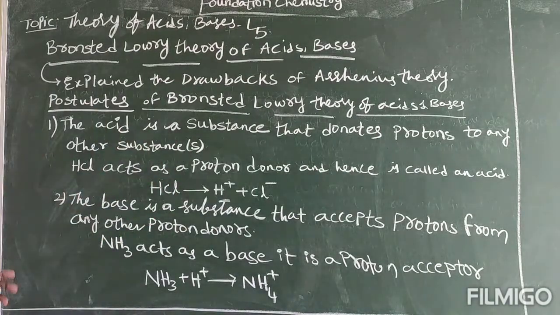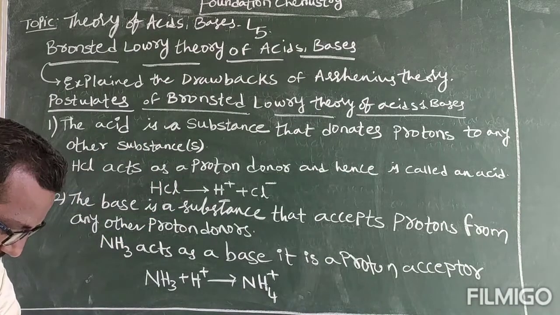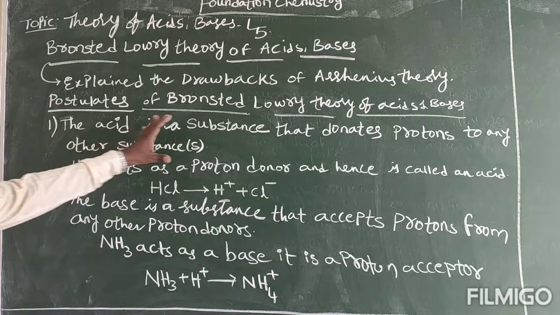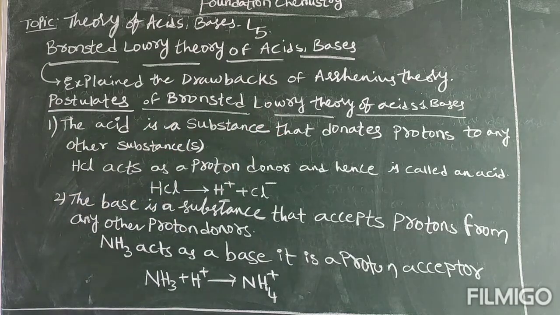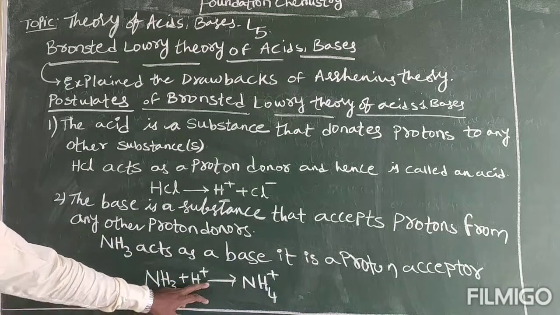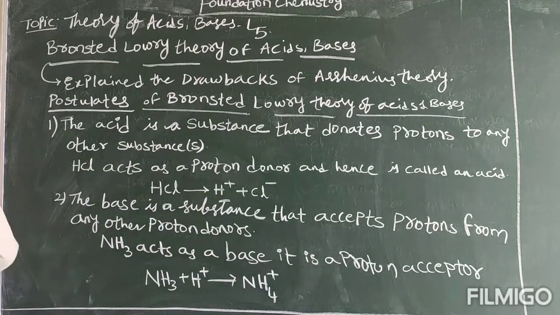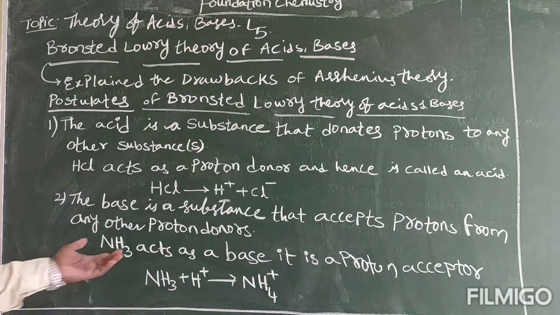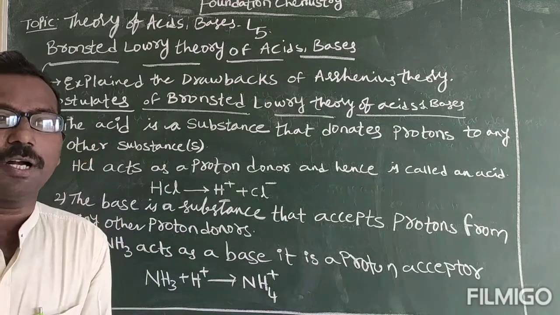So it is totally called the protonic concept of acids and bases. We call it the protonic concept because it is based upon the proton. Proton is nothing but H+, a hydrogen that has lost its electron.